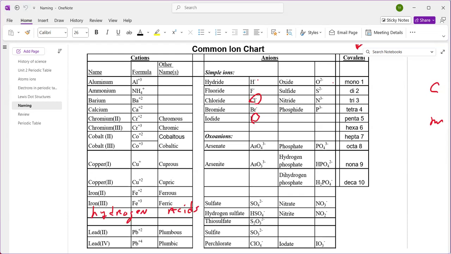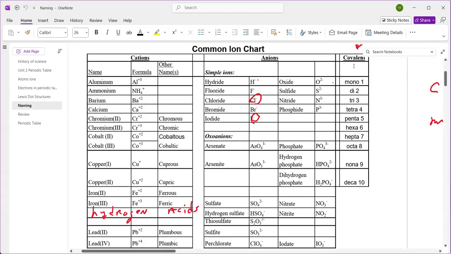Now in chemistry, you always put the positive things first. So whenever we list an ionic compound, the cation is always going to go first, the naming. Anion goes second. It's kind of the way I like to lead my life. Positive first, right? Minimize the negative.